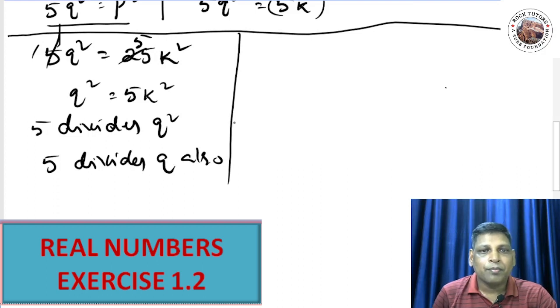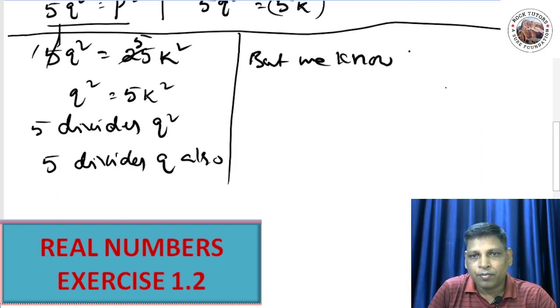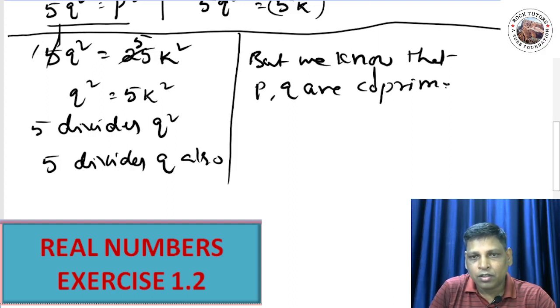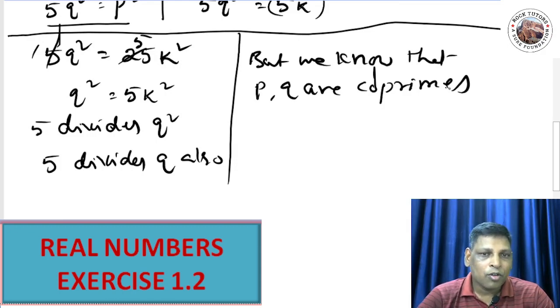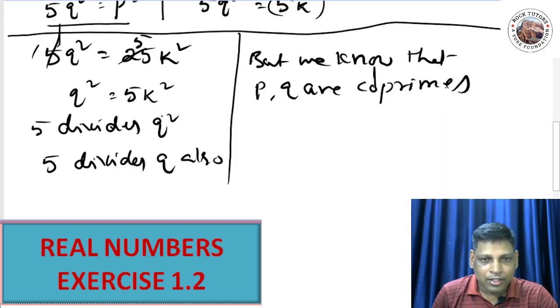But we know that p and q are co-primes. Co-primes means they have only one as a common factor, but here 5 is a factor of p and q. It is a contradiction. Why is it a contradiction?